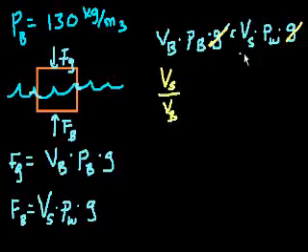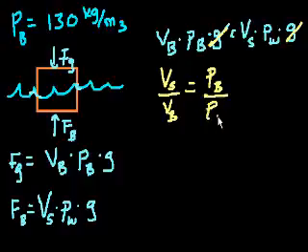I just divided both sides by VB and switched sides, is equal to the density of the balsa wood divided by the density of water. That makes sense? I just did a couple of quick algebraic operations, get rid of the G, and that should make sense to you.